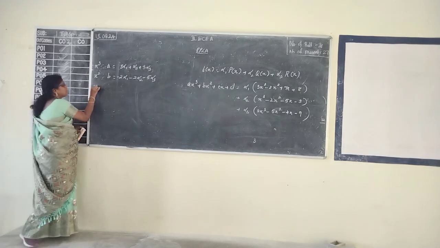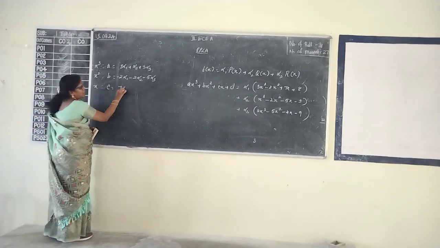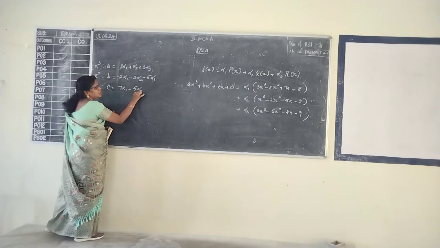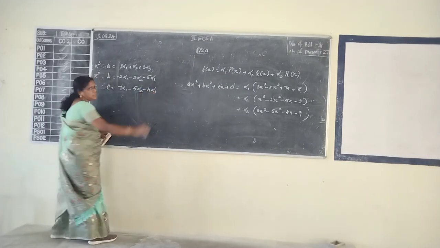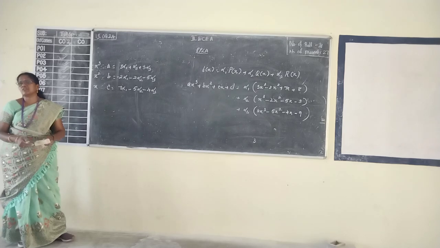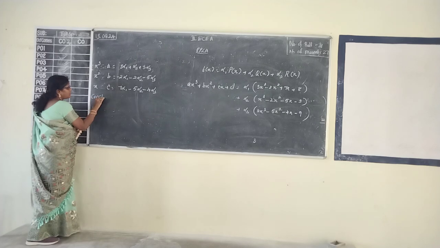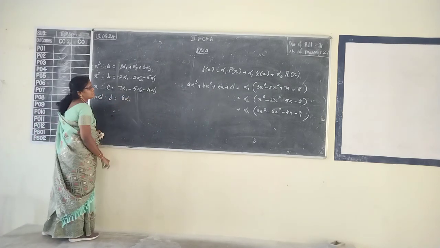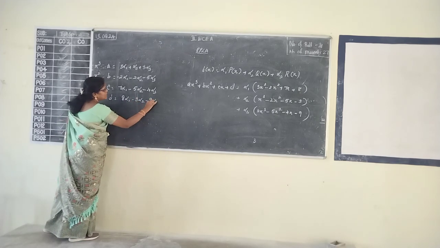Next, combine the terms of x. c equals 7 alpha 1 minus 5 alpha 2 minus 4 alpha 3. Just equating the coefficients on both sides. Finally, constants: d is equal to 8 alpha 1 minus 3 alpha 2 minus 9 alpha 3.